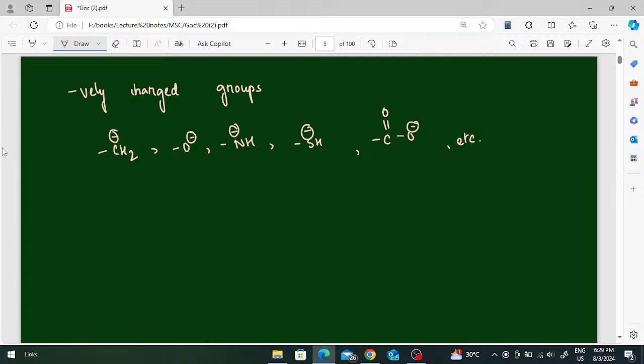Now the question is, between O negative and S negative, which one will be more? The answer is S negative, since it's less electronegative, it will be more plus I inducing as compared to O negative.